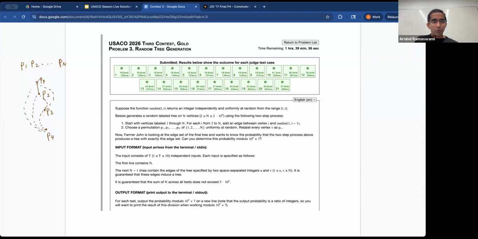One thing you can notice is, if your permutation is like 3, 2, 1, 4, or something like 1, 3, 2, 4 — wait, that's valid. Okay, 2, 1, 3, 4. A tree like this is never going to be valid, because from this structure, P2 has to be adjacent to P1, right?